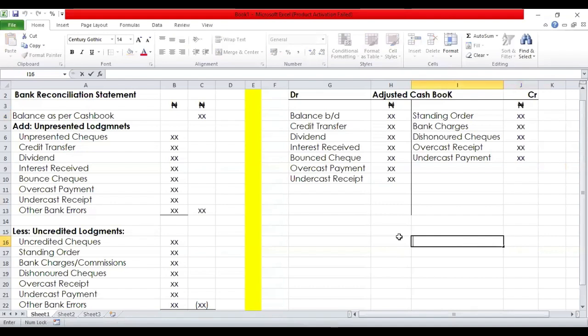You get it? We have standing order, bank charges, dishonor check, overcast receipts, undercast payments. Then we have balance carried down.